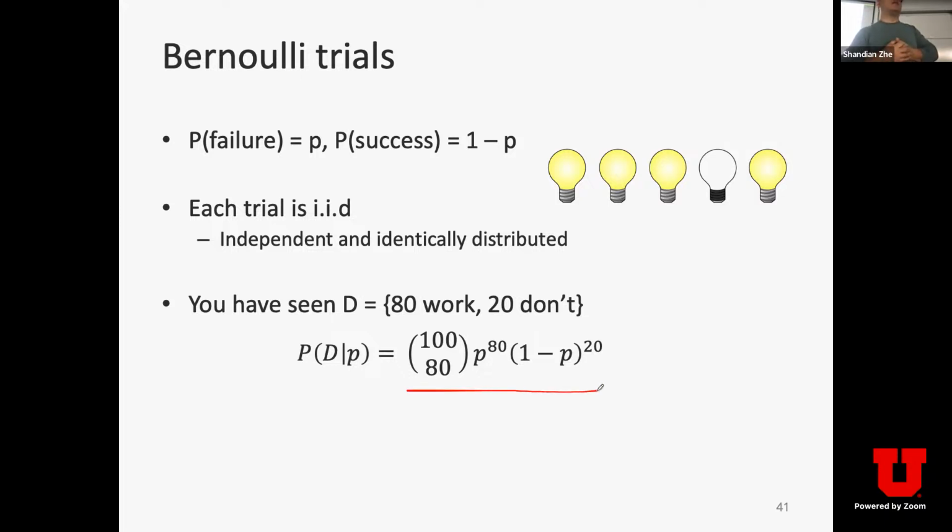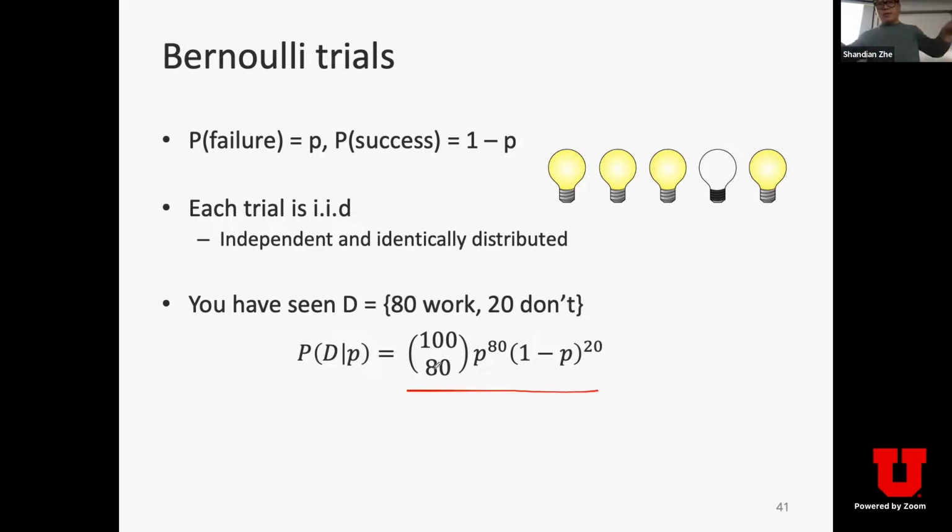This is the probability of multiple Bernoulli experiments. In all 100 tests, you got 80 successes and 20 failures. So all the cases will be the combination of 80 from 100.